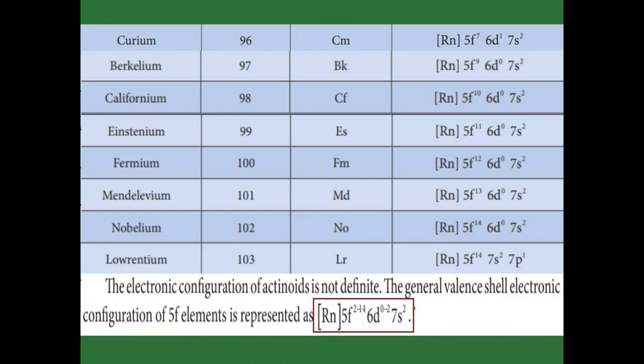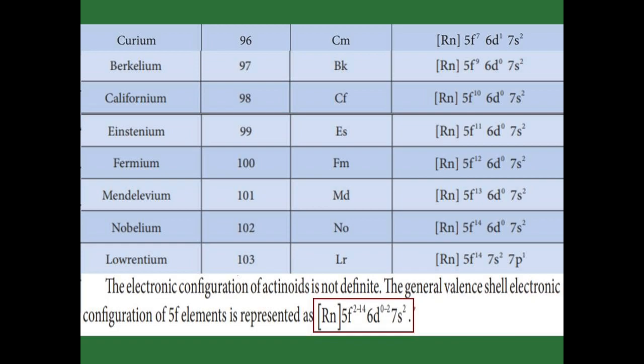In berkelium, atomic number 97, up to 86 is the radon configuration. Afterward we have 11 electrons. Those 11 electrons fill 7s2 and then 5f9. There is no electron in the 6d orbital.